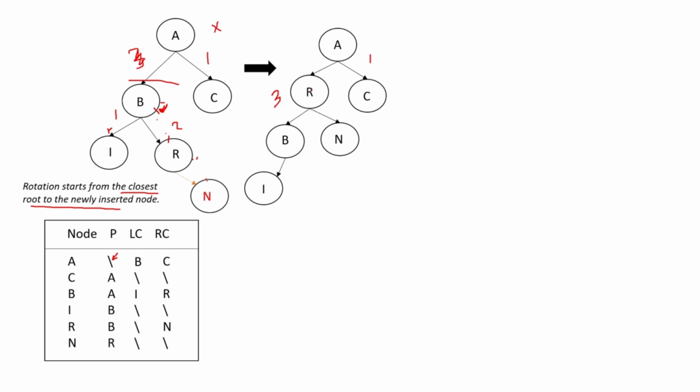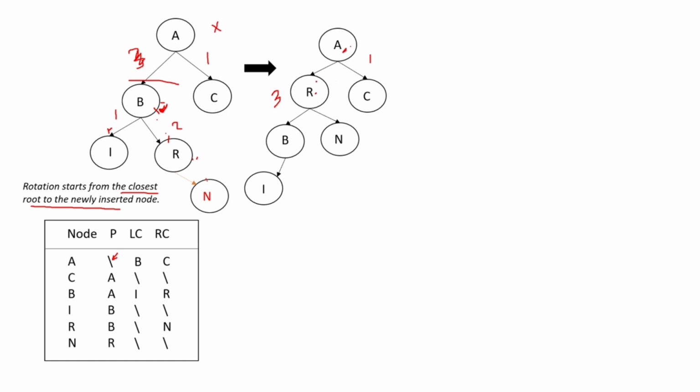So now we will bring about the change to the parent of this node R. After the first rotation, it just leveled up, and if you look at this from the perspective of node N, A is now the parent of its parent. Its parent is R and R's parent now is A.